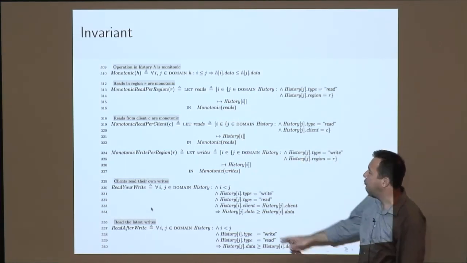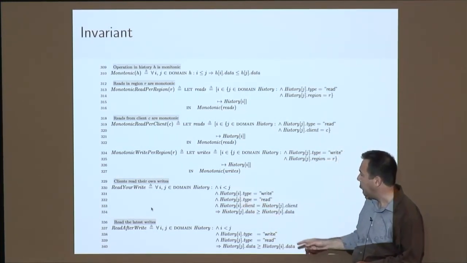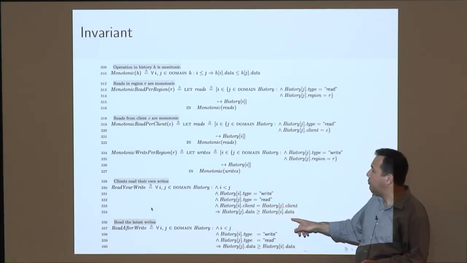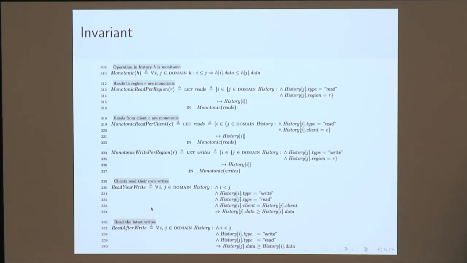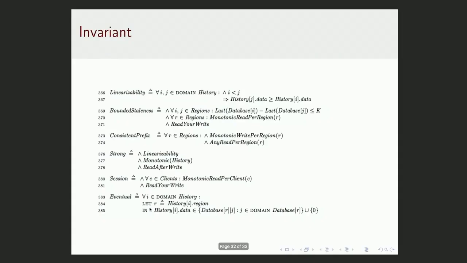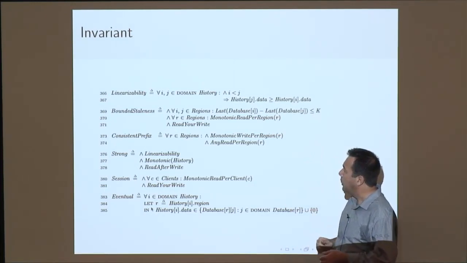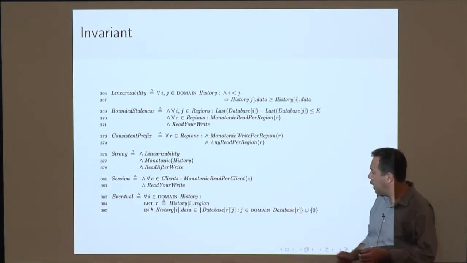Write for region similar, read your write: if i is a write, j is a read, i comes earlier, and it's the same client, do we provide this guarantee? The model checker can check all of these. And from these lower level primitives, you can build the higher level primitives like linearizability, bounded staleness, to say the last values in the database at regions are within bound, consistent prefix, session, per client guarantees, and eventual guarantees.